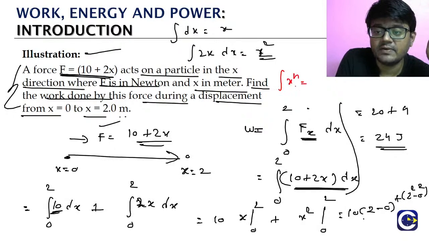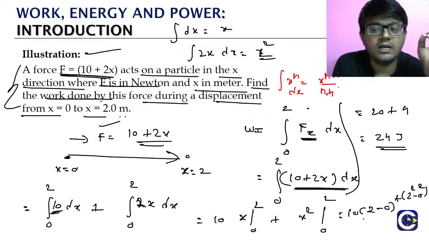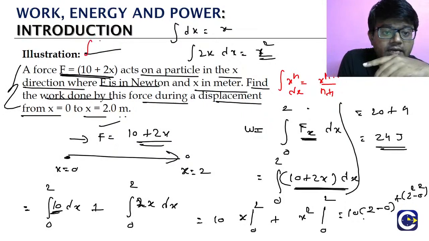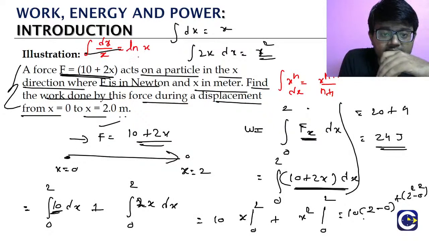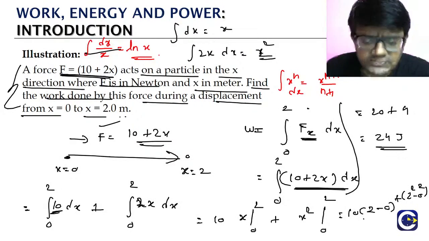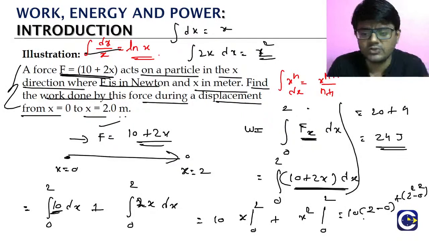Integral x power n dx will be x power n plus 1 by n plus 1. We have to remember this formula. Similarly, we have one more: integral dx by x, which is ln x. ln x means log to the base e, natural logarithm. So we should be comfortable with these basic integration results.